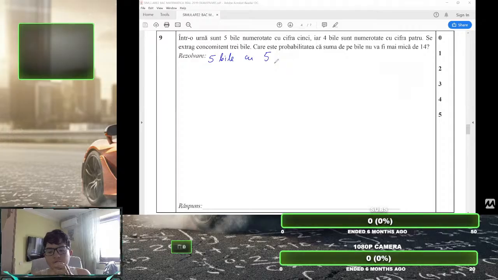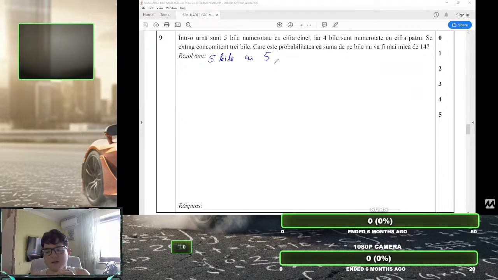Like, should we actually care if the 4 ball is extracted first or second? We don't care, because all 3 balls are being extracted at the same time, randomly. So yeah, we got 2 cases, and you just note it down.